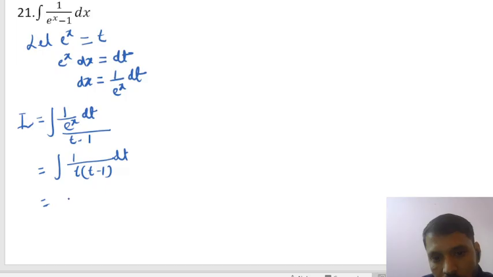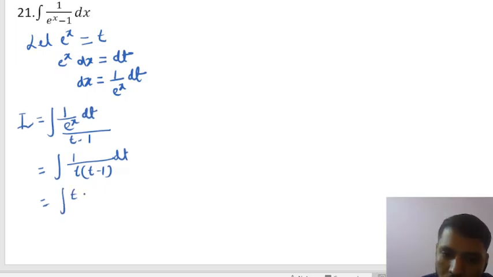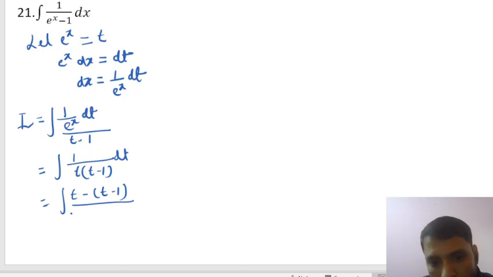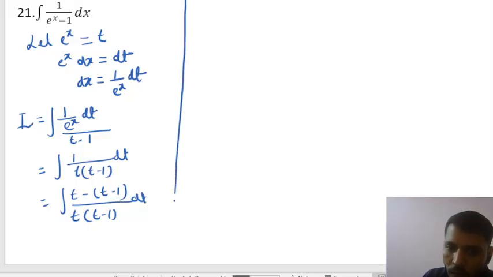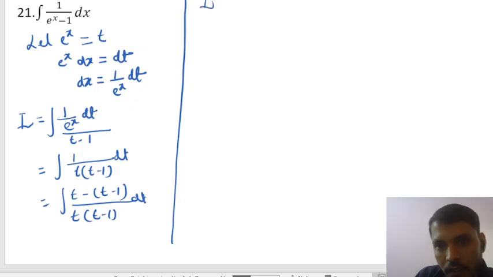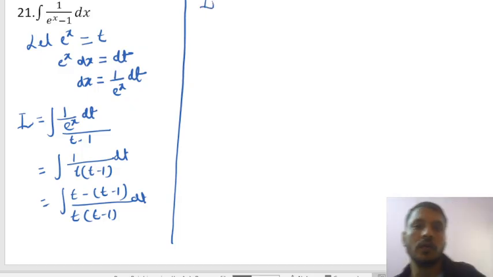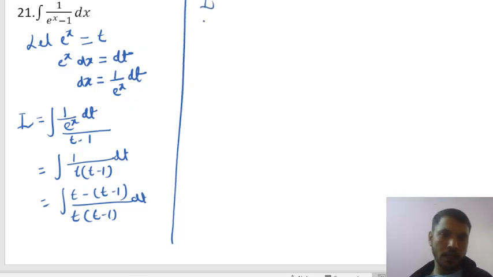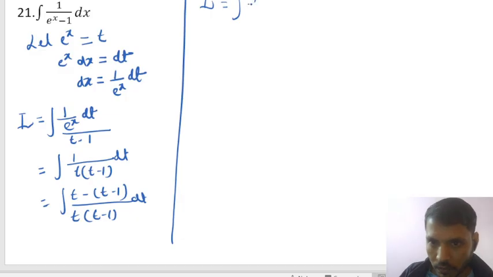So now it is simple. What we have to do here is write it as t and then minus of t minus 1, like in previous questions we did, and here it is t and here it is t minus 1 dt. Finally we can write I equal to, t will get cancelled, so the first term is 1 by t minus 1 into dt.